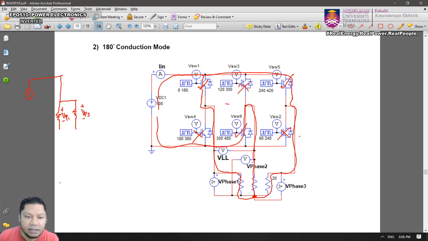It will separate into a division of two resistors, and then this junction, and they will cross over the VP2, and now it is negative positive.